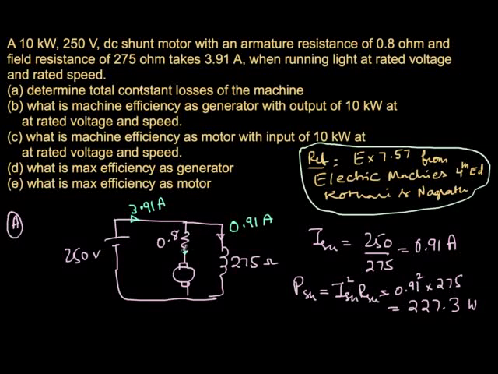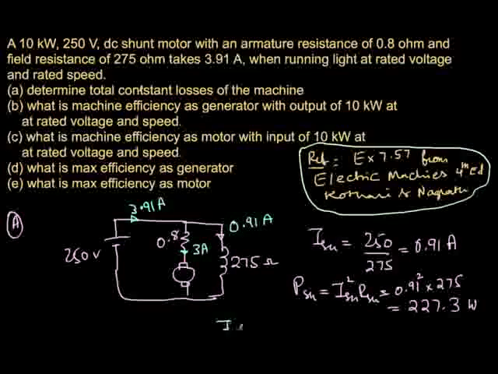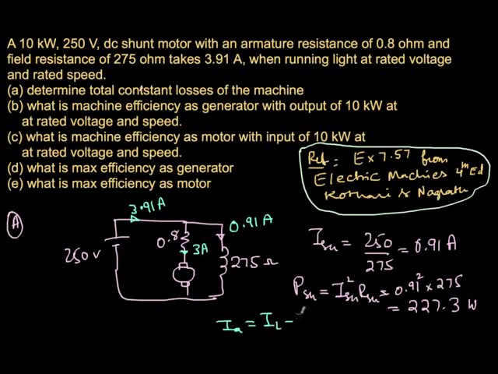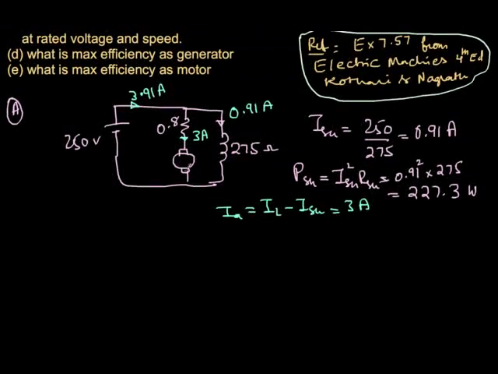So therefore, since this is a motor, IA is nothing but IL minus ISH, which is nothing but 3 amperes. So once I know this current as 3 amperes, I can calculate the losses in the armature and then find finally the losses. So that actually we are calling it as rotational losses. So P rotational losses is nothing but, earlier we called it as iron losses plus friction and windage losses. So all this is nothing but rotational losses.